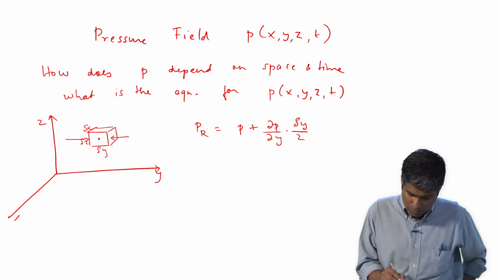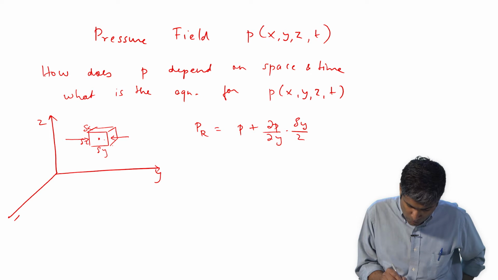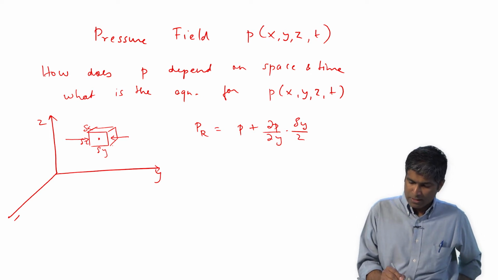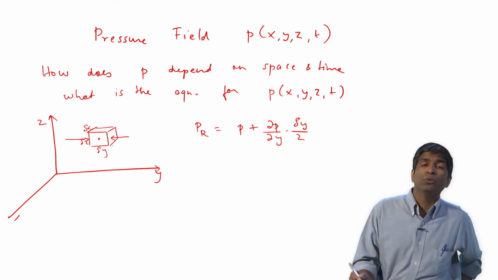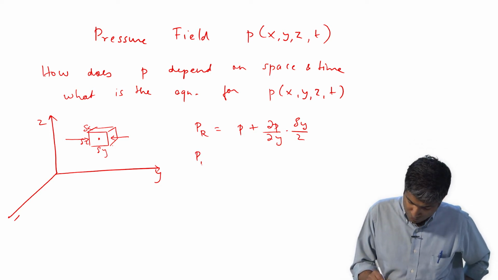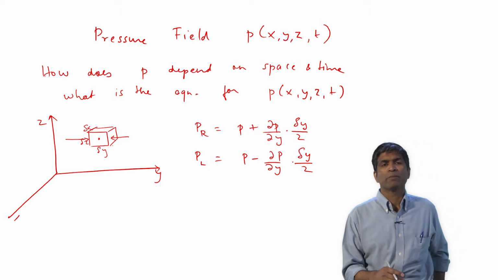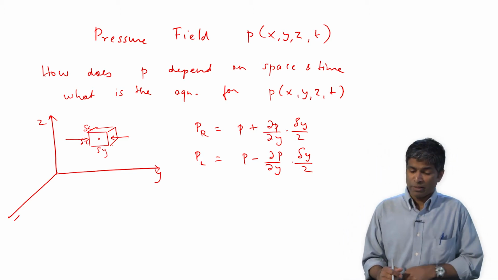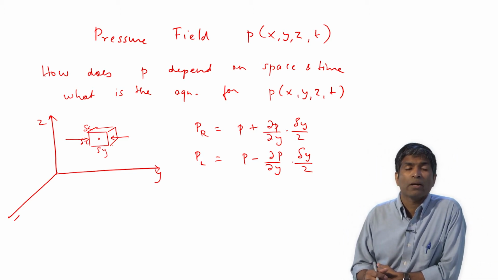That's a distance of delta y by 2 away from the center, and I use the partial derivative to account for that change. And P left would be similarly P minus del P del y times delta y by 2, because I'm going in the negative direction by a distance delta y over 2.